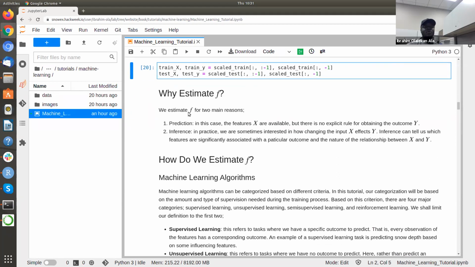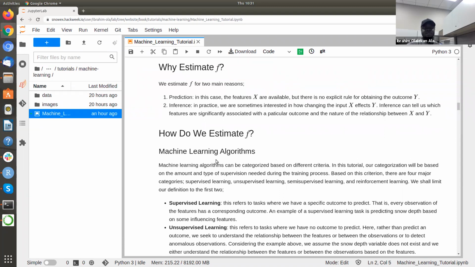Now that we know why we want to estimate F, it's a good time to introduce how to estimate F. For us to estimate F, it is very important to know about machine learning algorithms. Machine learning algorithms can be categorized based on different criteria, but in this tutorial, our categorization is going to be based on the amount of supervision needed during the training process.